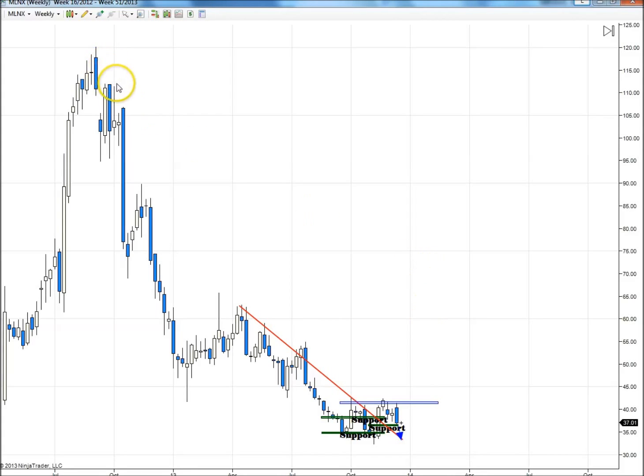We see it has fallen down from the $100 area all the way to the 30s, and so we could expect to see a little bit of retracement even to the $50. I think for the long term this is a stock to hold.